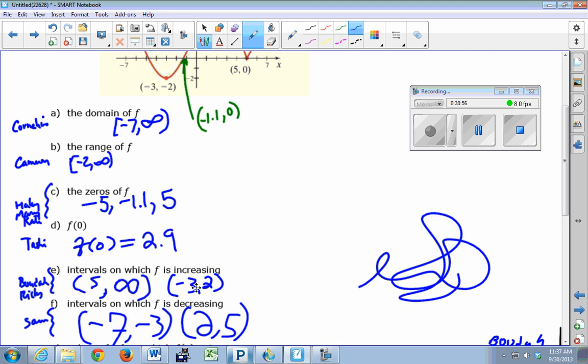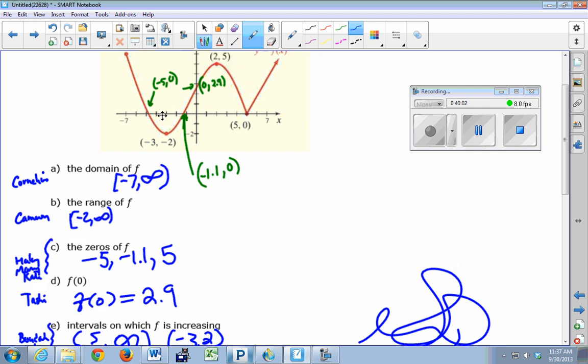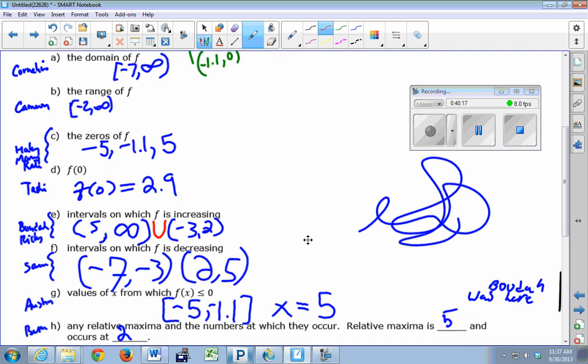And then this next one says from -3, which is right here, up to 2. Are we increasing on that interval? Yep. And what did the person forget to put in between these two? Because it was union, right? So when you have more than one interval, you put them together by union, okay?